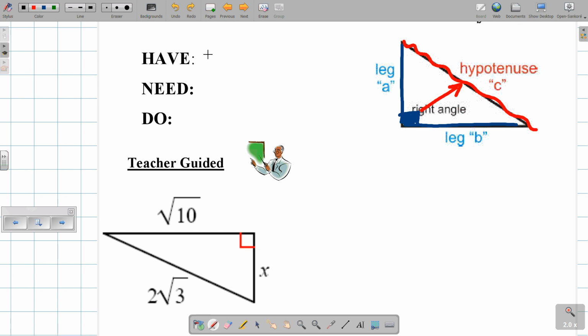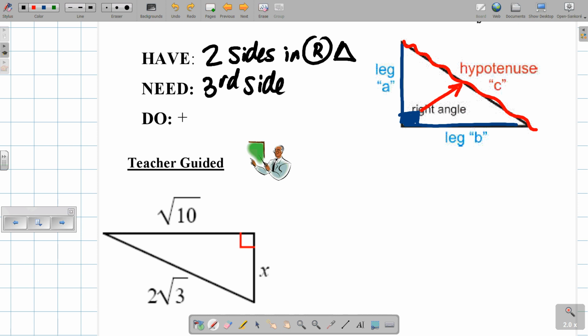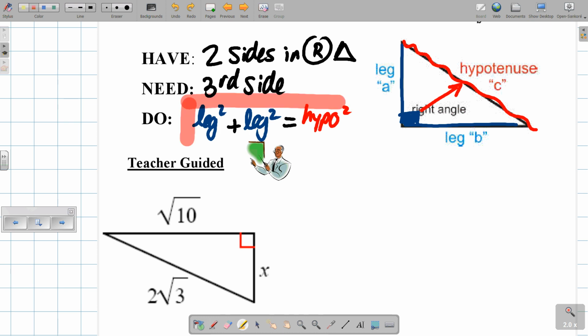And if you have two sides in a right triangle and you need a third side, what do you do? You use the Pythagorean theorem, but this is the version I want you to use. Leg squared plus leg squared equals hypo squared. This is called the descriptive version of the Pythagorean theorem. I want you to get in the habit of using that instead because it actually describes what you are doing.